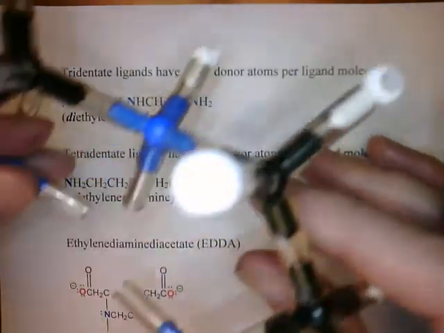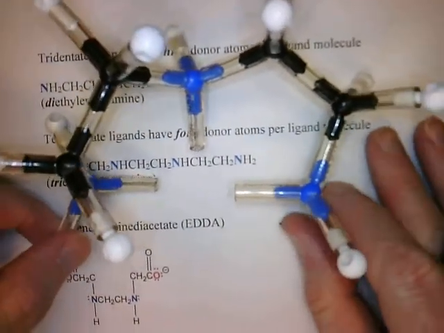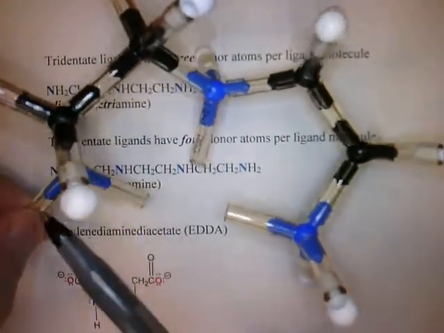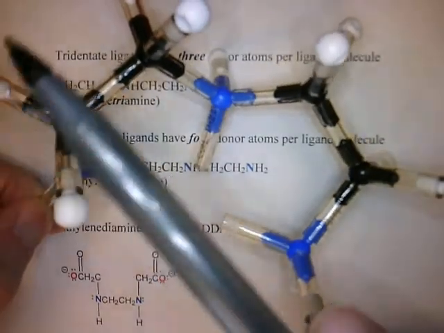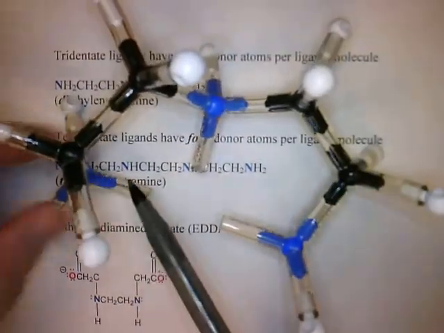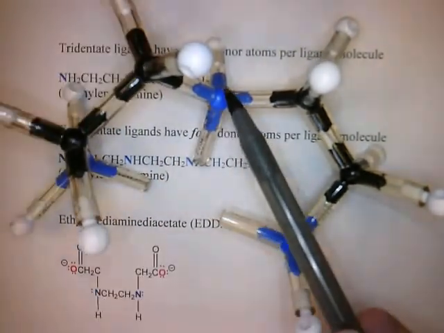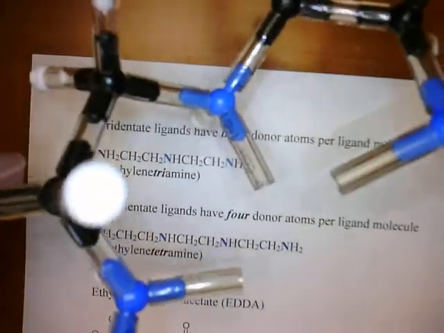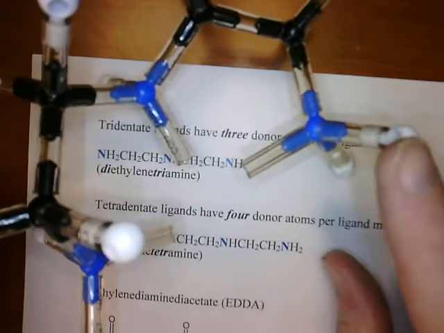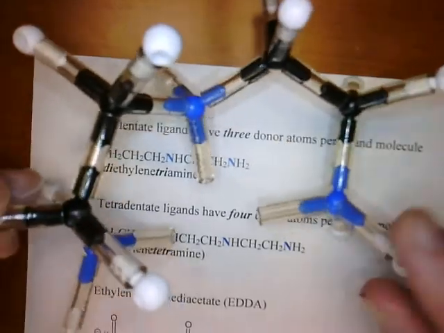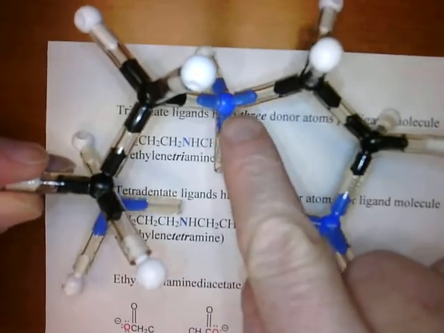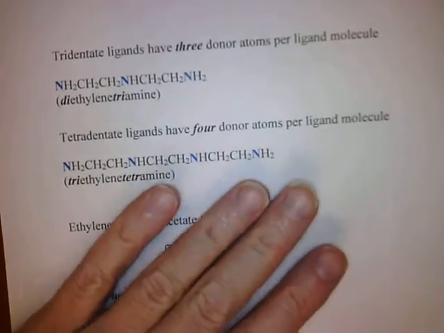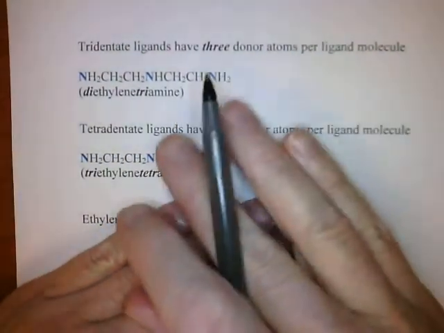I've got a model here, almost too big to fit under the camera, and you can see that it goes nitrogen, carbon, carbon, nitrogen, carbon, carbon, nitrogen. The nitrogens on the ends are NH2 groups, and the nitrogen in the middle is an NH group. Now, that's the beginning of kind of an unofficial nomenclature system for a whole series of compounds.